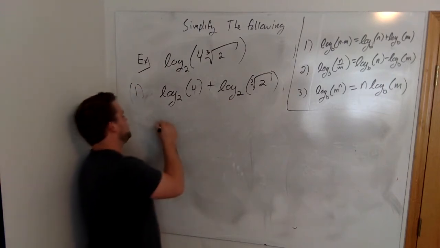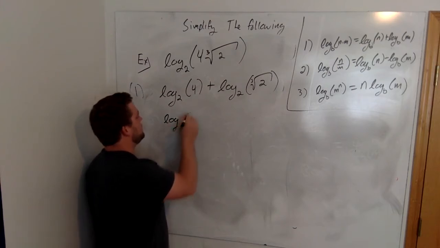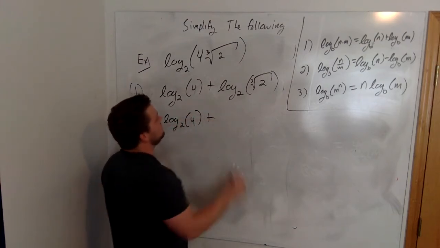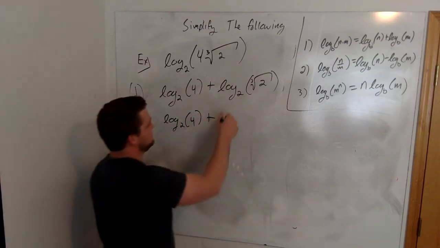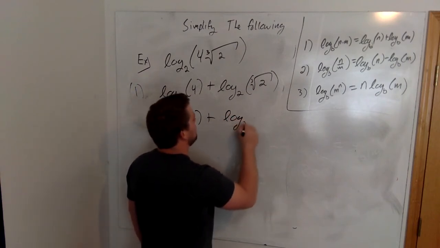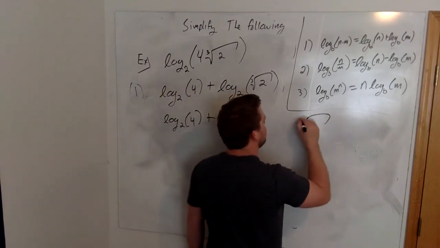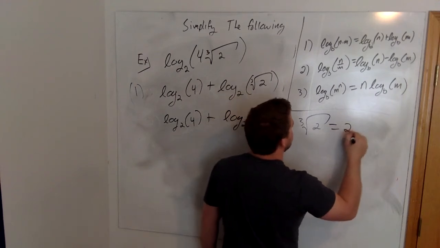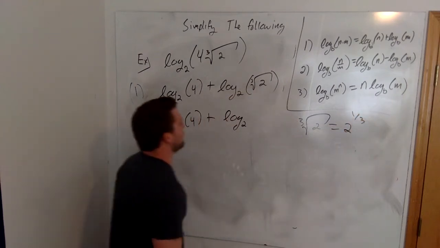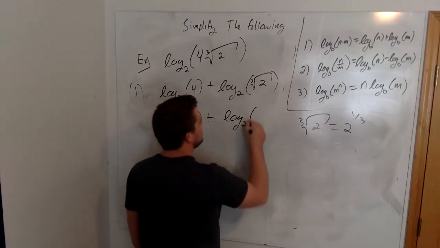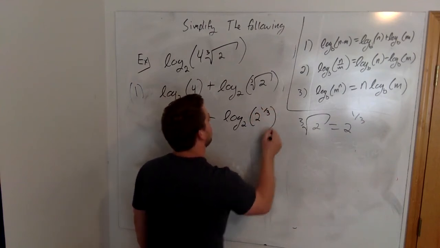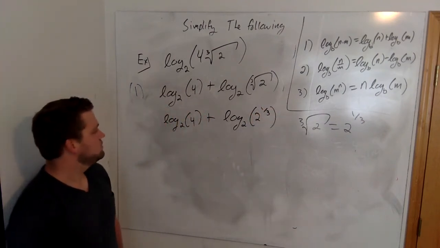Okay, so here we have log base 2 of 4 plus, okay, what do we have over here? Well, this is the same thing as log base 2. Remember, another way to think about a cubed root is think about that as 2 to the 1/3 power. So we have log base 2 of 2 to the 1/3 power.